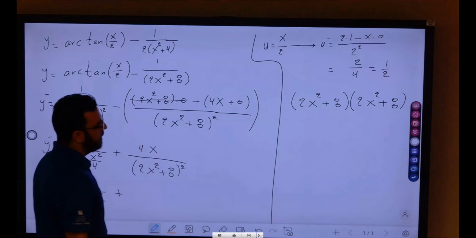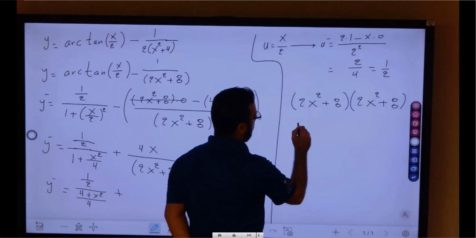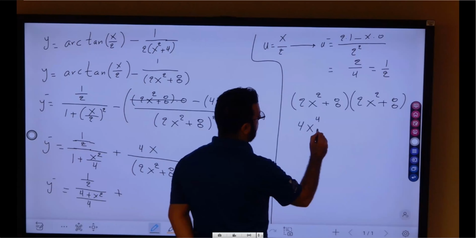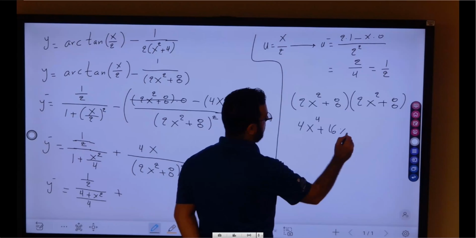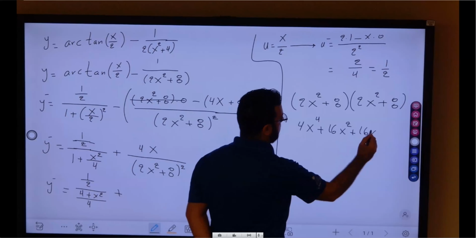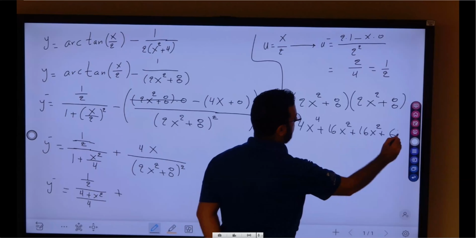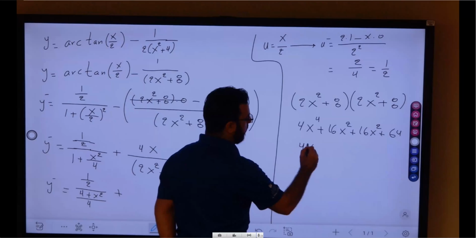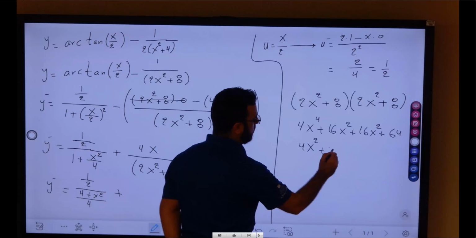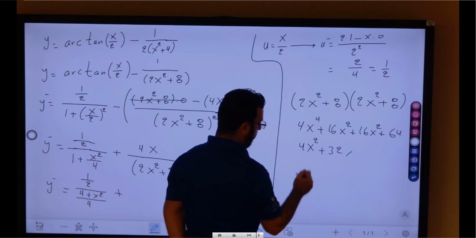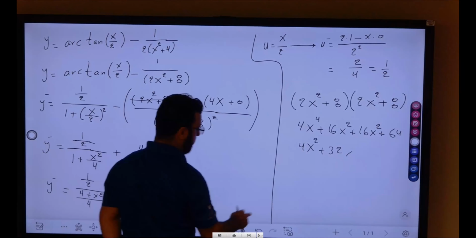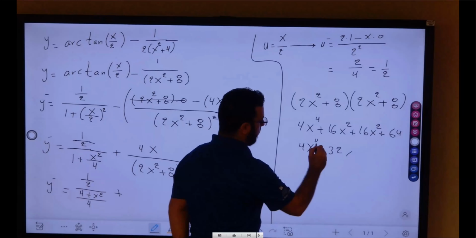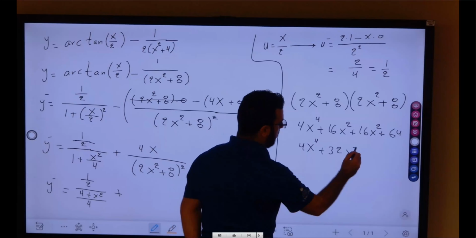So again, the formula is going to be 4x to the power of 4 plus 16x squared plus 16x squared plus 64. That is 4x to the 4th plus 32x squared plus 64.